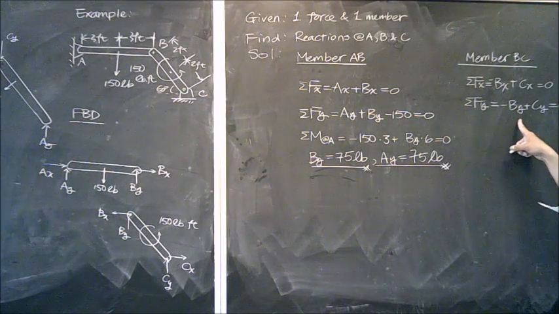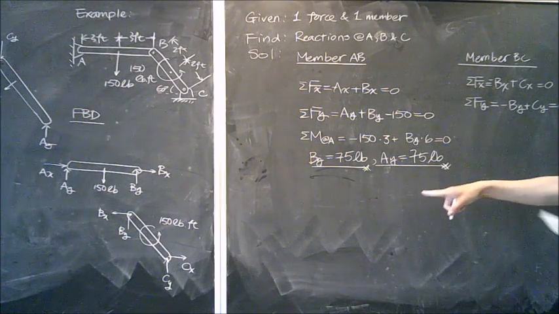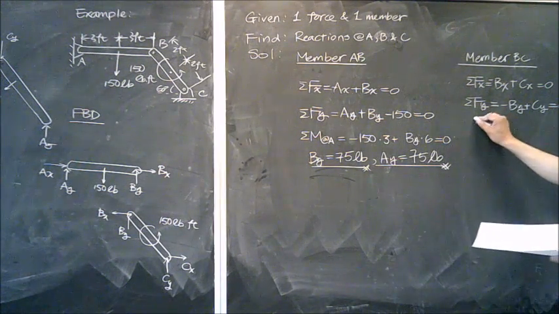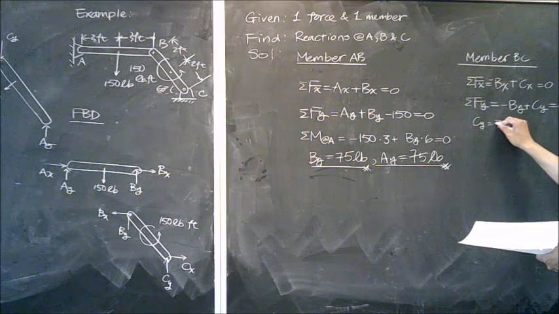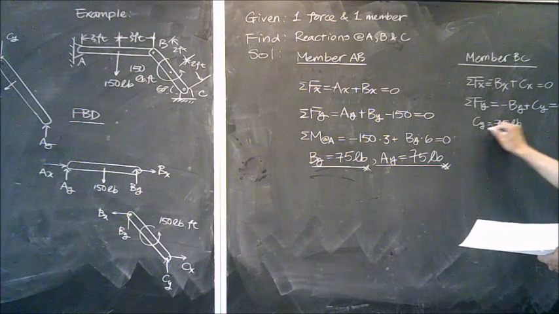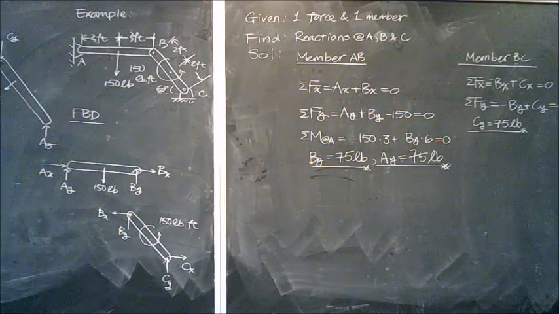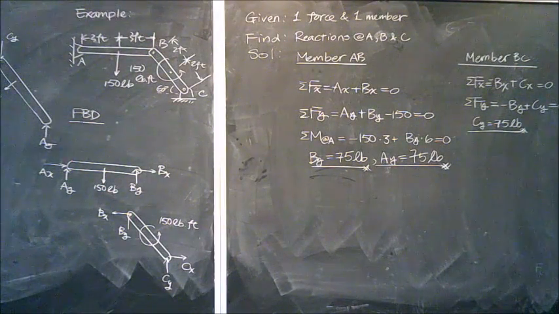Do we know By? We do, from the first part. It's 75 pounds. So clearly, Cy is going to be 75 pounds as well. Right? But we still don't know Bx and Cx.